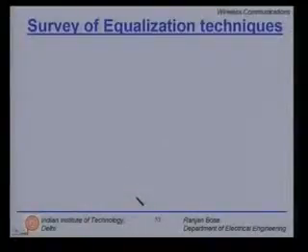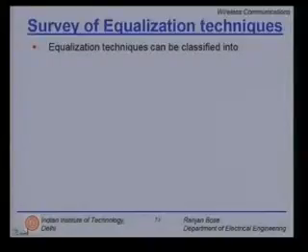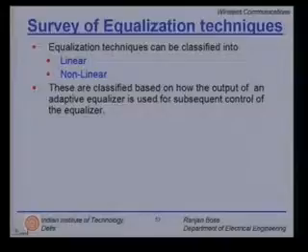Now, let us have a quick survey of equalization techniques. Equalization techniques can be broadly classified into the following: linear equalizers, nonlinear equalizers. These are classified based on how the output of an adaptive equalizer is used for subsequent control of the equalizer.